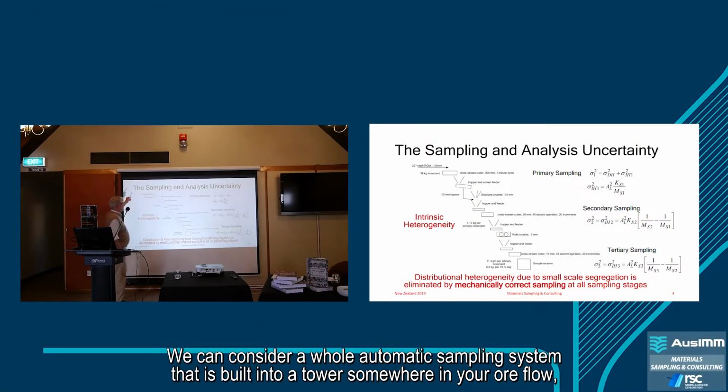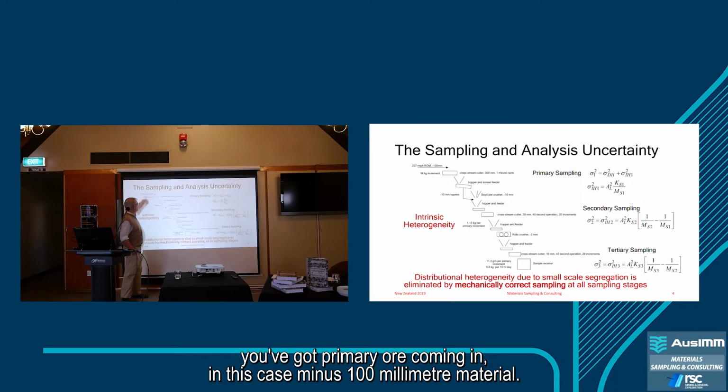We can consider a whole automatic sampling system that is built into a tower somewhere in your ore flow. You've got primary ore coming in, in this case minus 100 millimeter material.